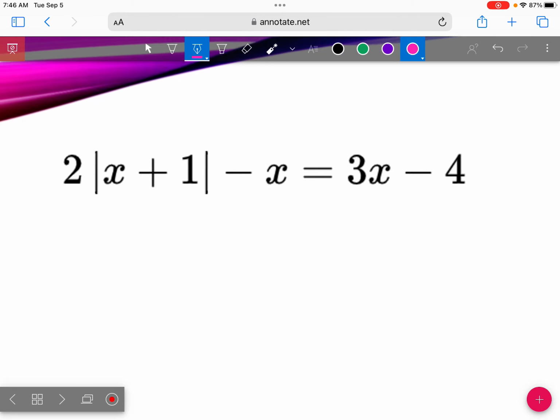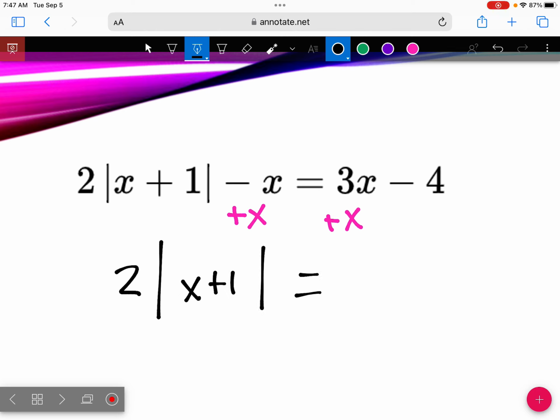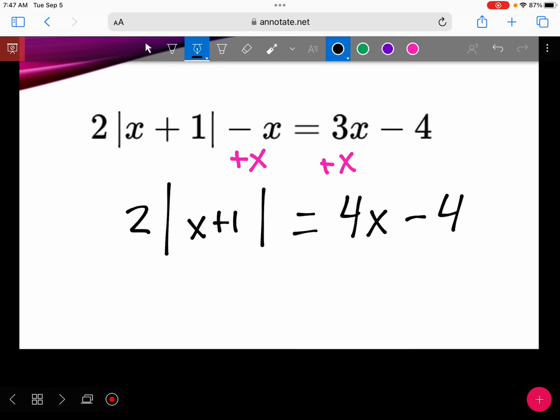What do we need to do to get my absolute value by itself, isolated? Plus x. That is an excellent first move. Going to give us 2 times the absolute value of x plus 1 equals 3x plus x gives me 4x minus 4. My absolute value is still not isolated, so we got to keep going there.